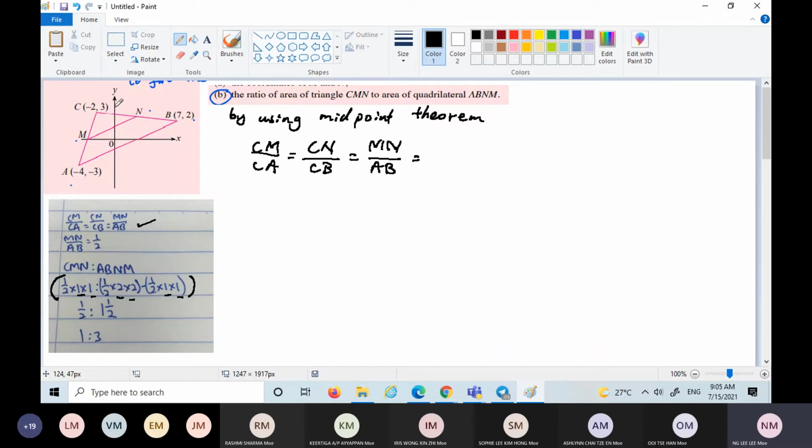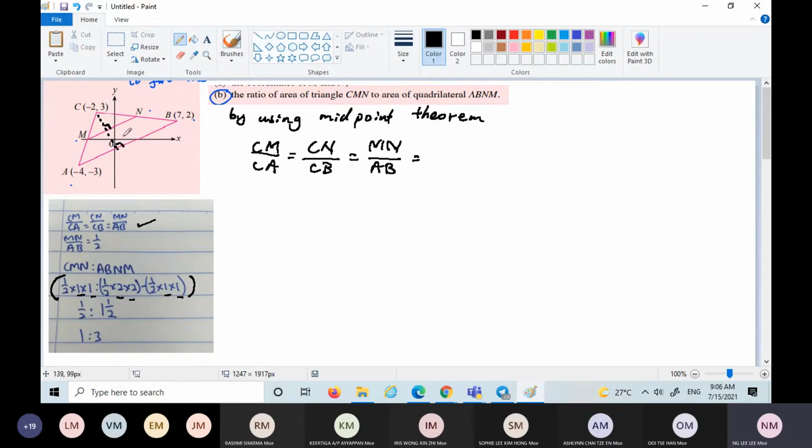One more thing that you need to find the area of a triangle will be the height. Because we're going to use MN as a base, the height will be here. So I draw a dotted line. This height must make 90 degrees with the base.